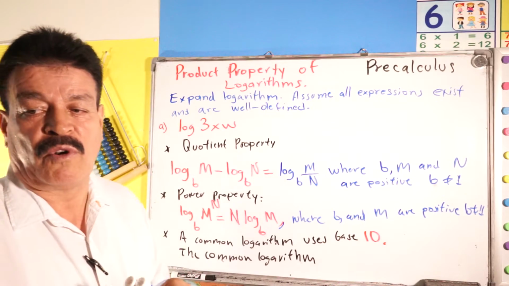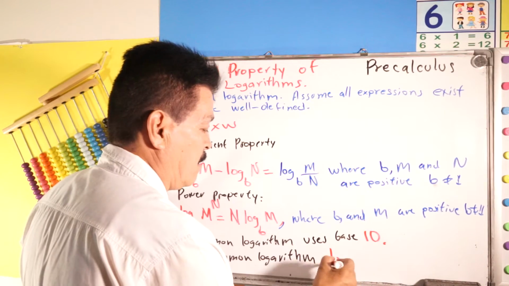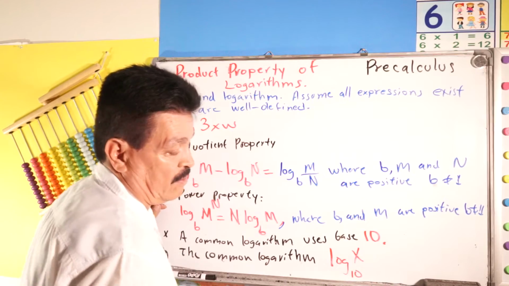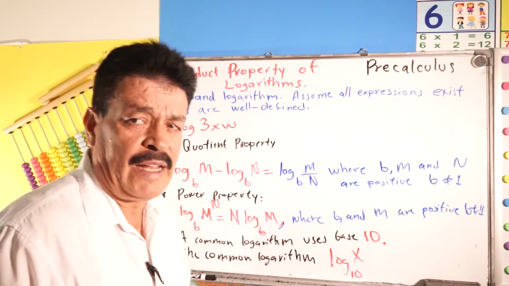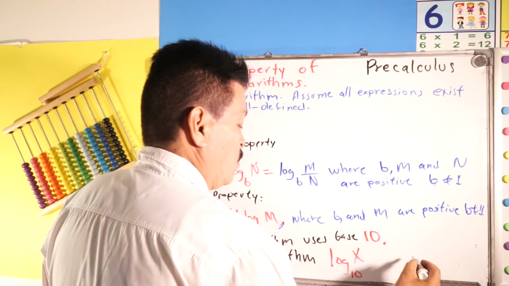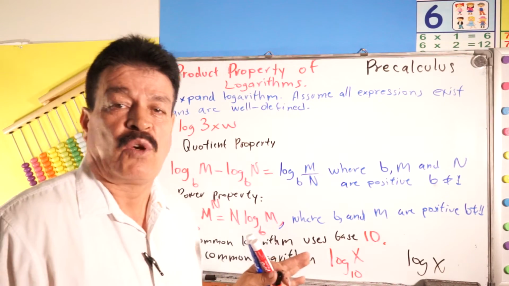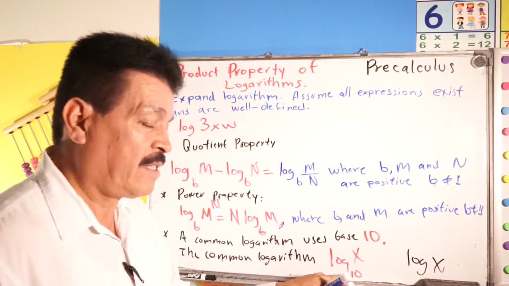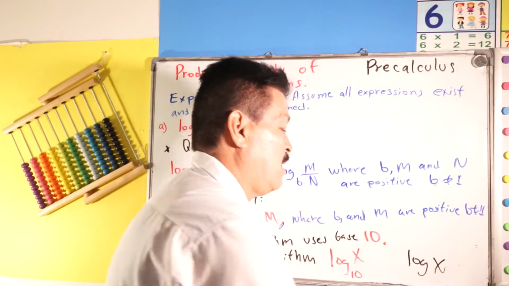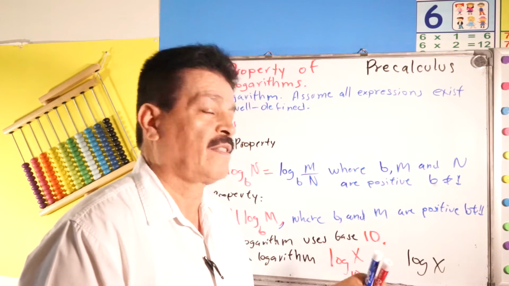We write it like this: log x with the base 10. But usually you write log x only, without the base 10. When you write it like this, log x, we understand that the base is 10. We don't have to write the 10.